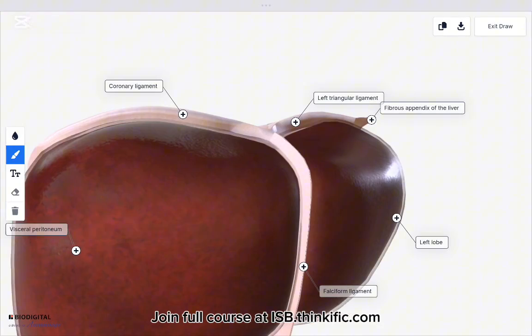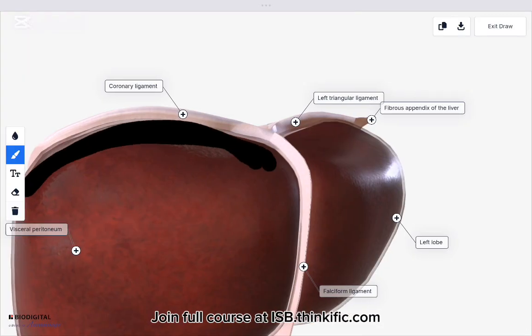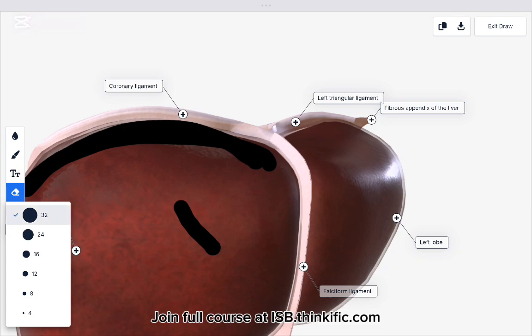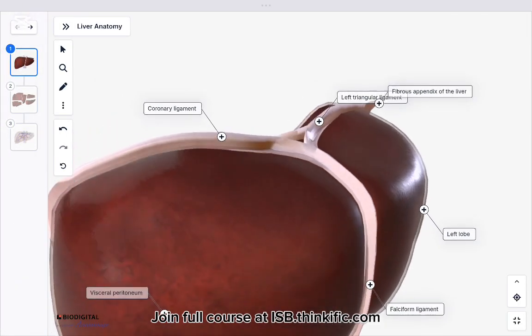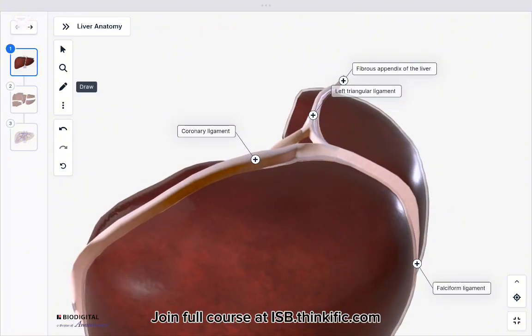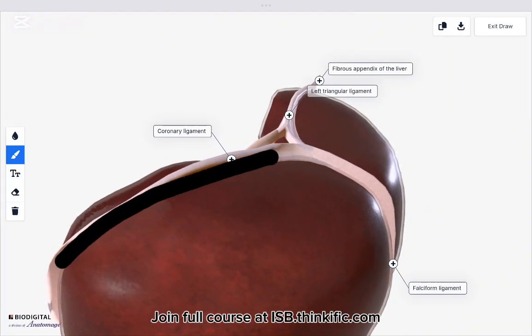All of that is the right subphrenic space. So we're talking about the right posterior subphrenic space. I told you above is the diaphragm and below is the superior surface of the liver, and anteriorly it is continuous with the right subphrenic space, and posteriorly is the coronary ligament, as you can see. Okay, let's remove that. This is the coronary ligament that I was telling you about. That's posterior.